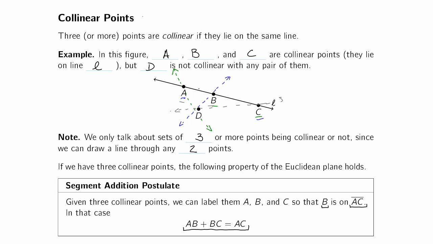If we take the 2 smaller pieces and add them together, they add up to the whole segment. And when we say that this is a postulate, or a property of the Euclidean plane, we mean that that's one of the things that we're talking about when we talk about distance in a plane. It's always going to have that property because that's part of what we mean by distance.